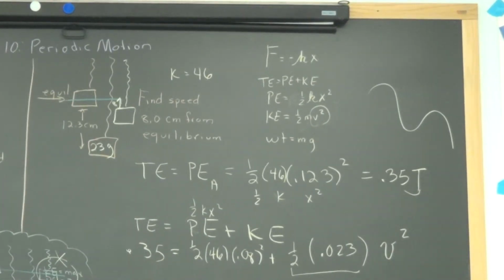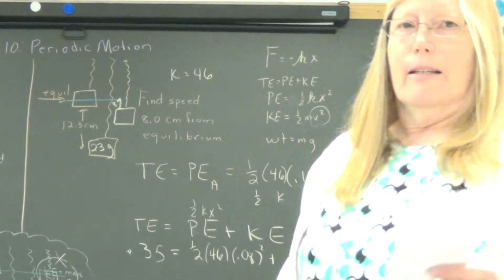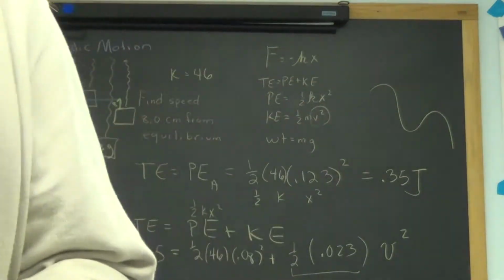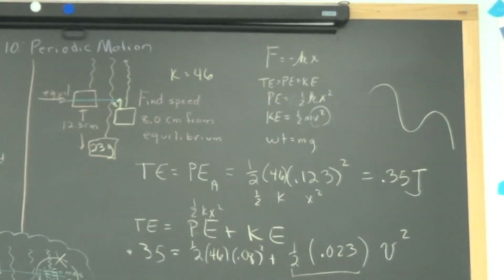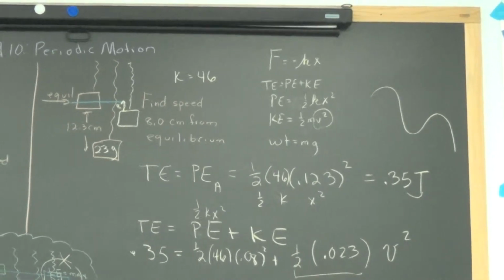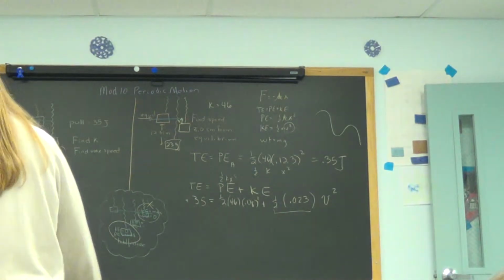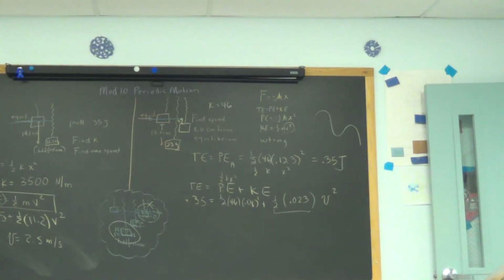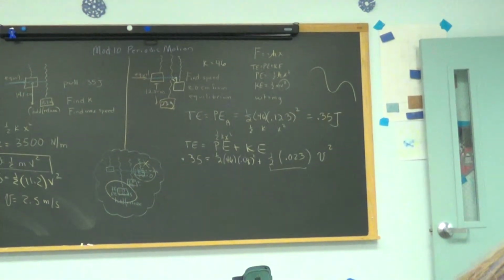All right, did you get something? It's 4.2. Sure. Yep. You get one? I got 1.1. Yep. All right, and that's a velocity, so meters per second. All right, I'll look and see. Is that .35?